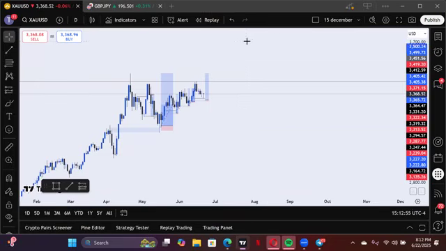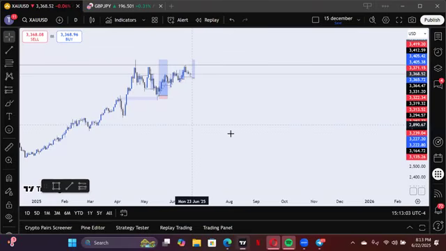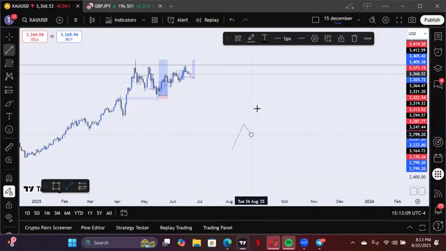Now, normally we already know that there are three ways that price makes its movement. Either the market is trending to the upside, or trending to the downside, or ranging. So normally we have an uptrend: higher highs, higher lows.